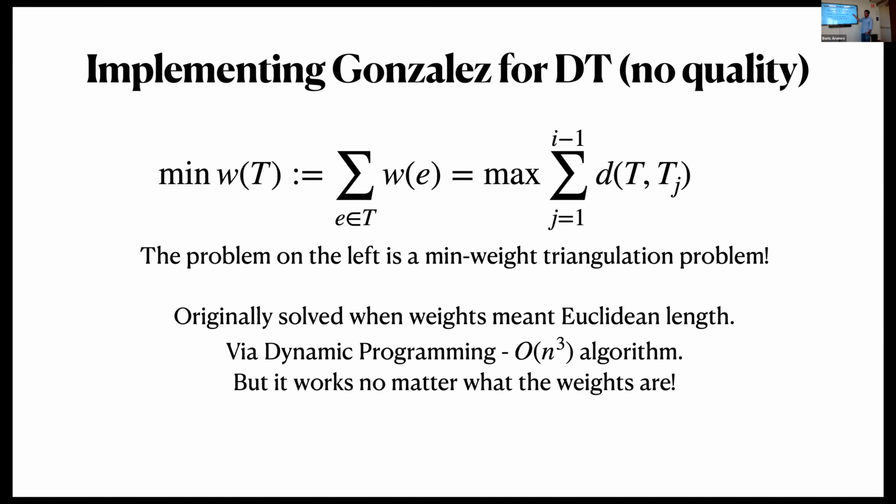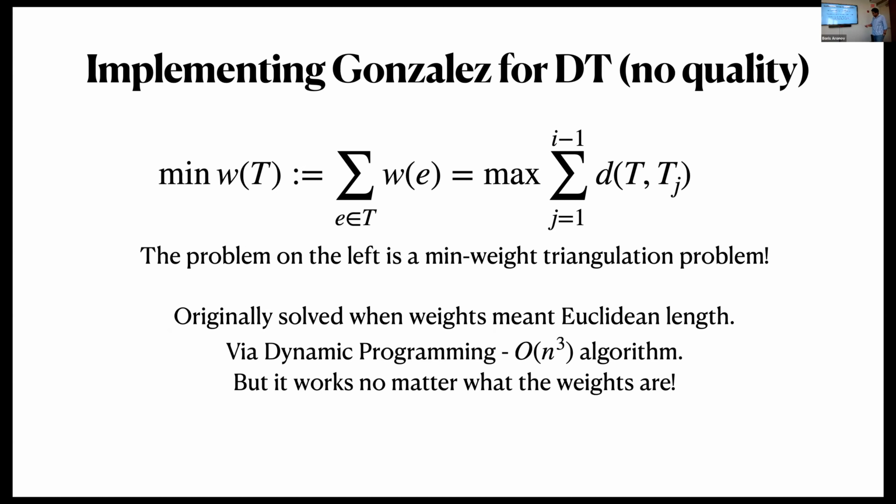Originally, the motivation for solving min-weight triangulation was when the weight of an edge is its length, because you want to find triangulations that have less length. But that algorithm works no matter what the weight of an edge is.